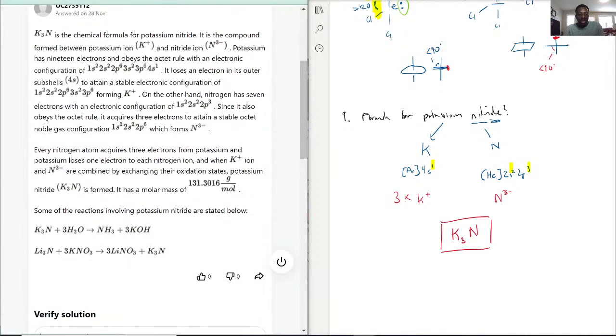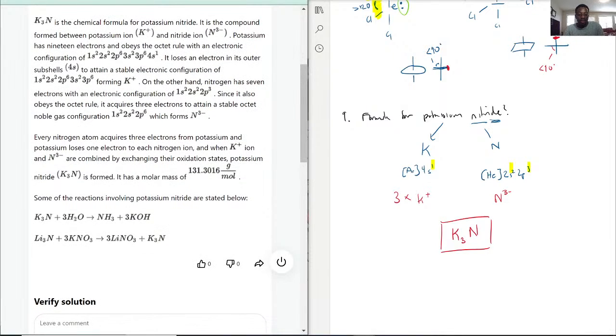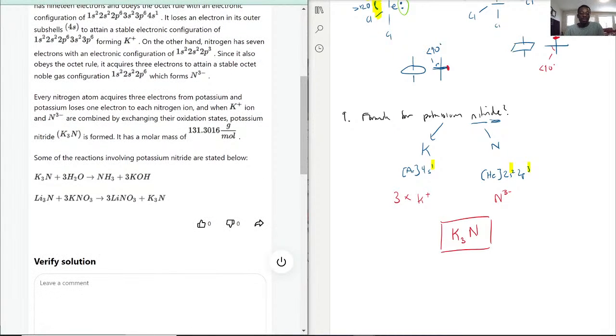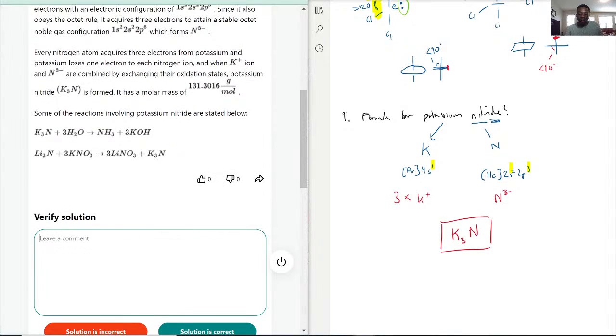So when it forms together, we have K3N. It's nice to even give us the molar mass, which is calculated by adding the atomic masses of 3 potassiums and 1 nitrogen. And these are just some reactions that are involved. But overall, this right here is correct.